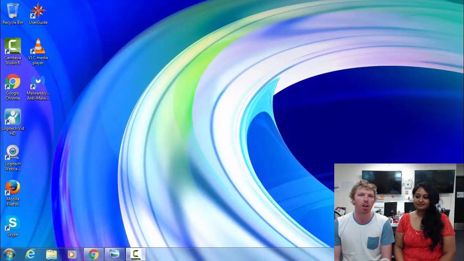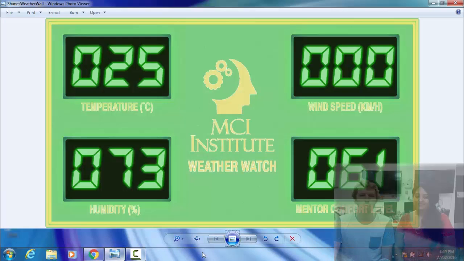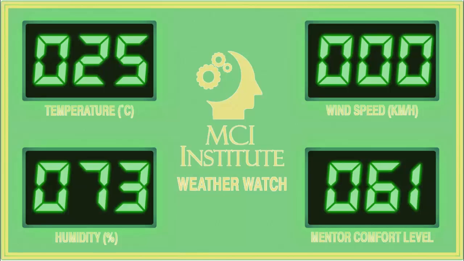Before we get stuck into the business of mentoring and accounting, let's first have a check of the weather conditions here in the MCI Mentor Room. Let's have a look at the weather wall brought to you by MCI Institute. As you can see... Sorry Shane, so you're a weatherman? Well, if this goes well. Now, having a look at our weather wall, you can see temperature is 25 degrees. Very lovely indeed, very pleasant.